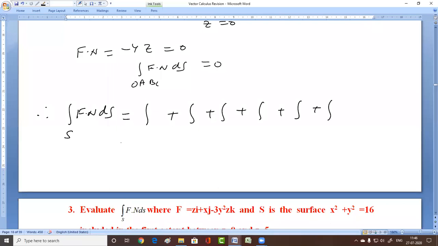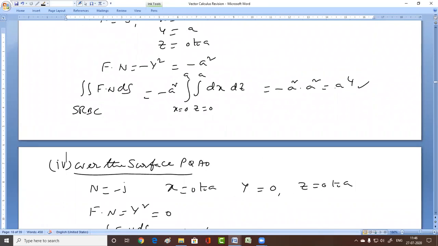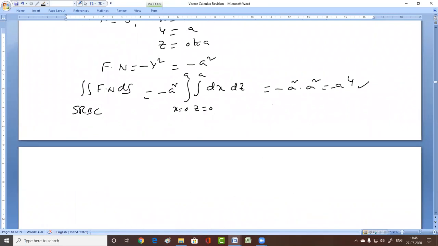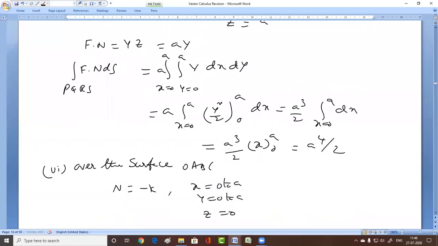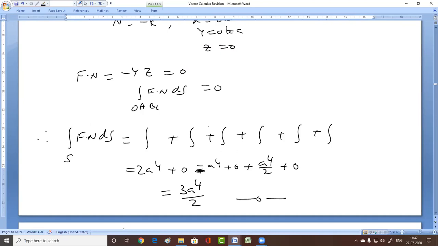The first value is 2a power 4, the second value is 0, the third value is, I think, minus a power 4, here minus a power 4, minus a power 4, a power 4, the fourth value is 0, the fifth value is a power 4 by 2, the last value is 0. Finally, you will get a power 4 by 2 as the answer. This is another most important question for the examination.